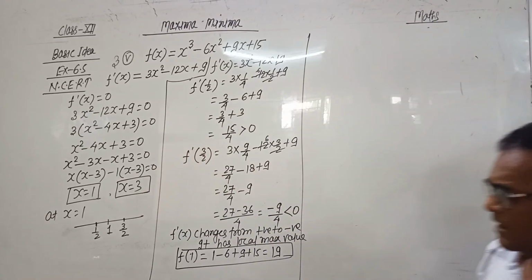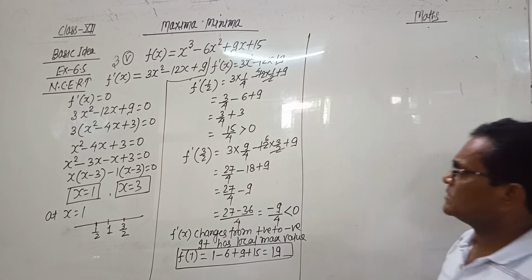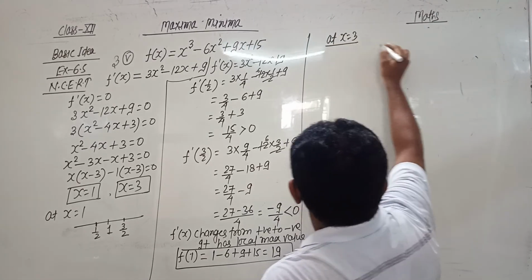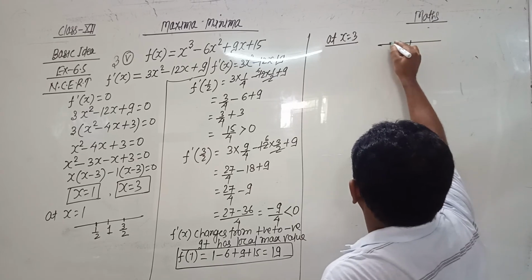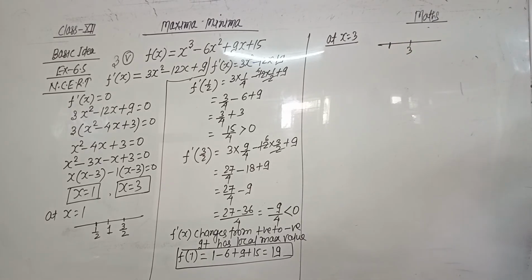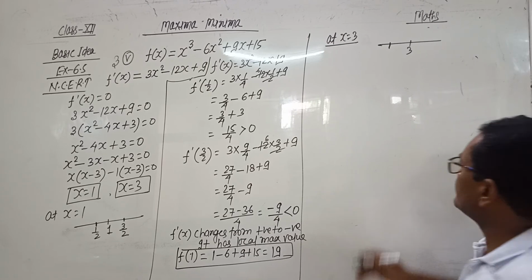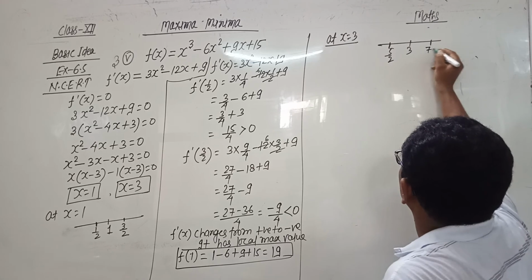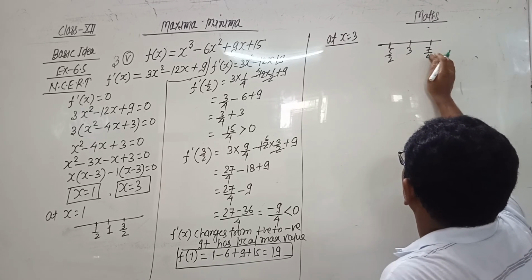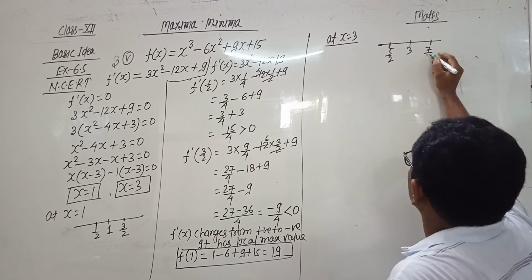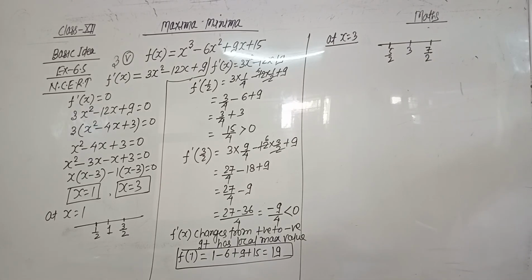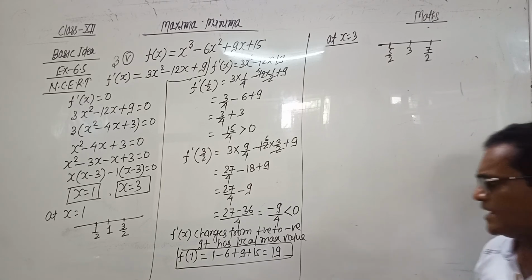Now the next value, x equals to 3. At x equals to 3, just before 3, the value taken is 5 by 2, and just after, the value taken is 7 by 2. 5 by 2 is a value less than 3, and 7 by 2 is greater than 3.